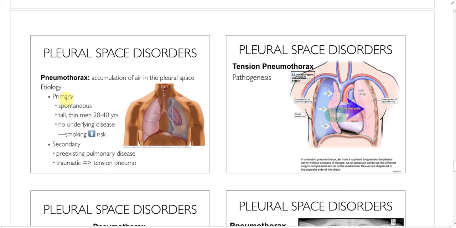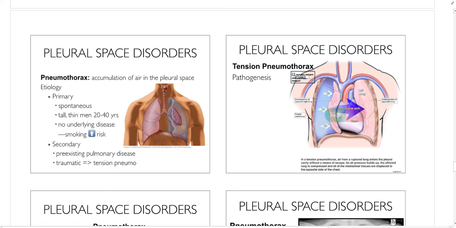So we can have either a primary or a secondary pneumothorax. With a primary, more often than not, that's called a spontaneous pneumothorax and occurs in tall, young, thin men. A lot of times they are basketball players, and maybe in the middle of the game, all of a sudden they pop a pneumo. We don't really know why.